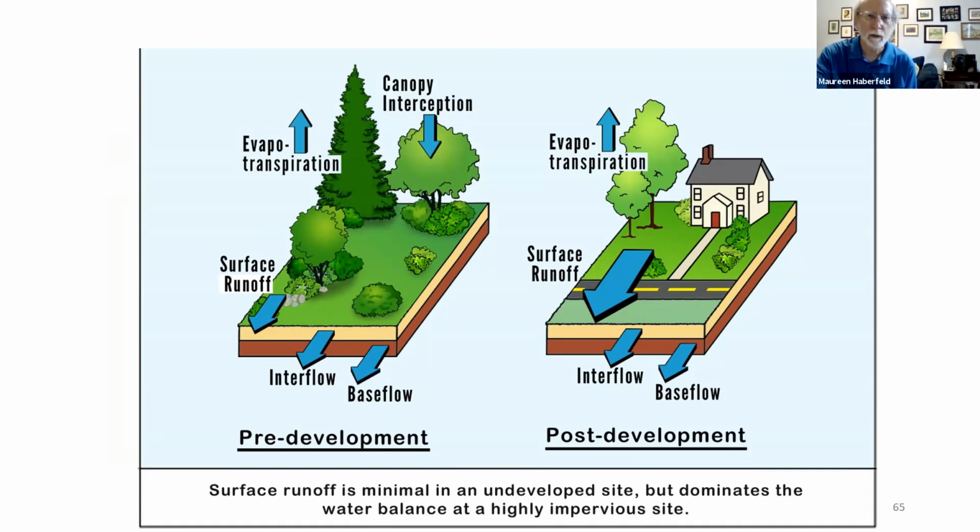The difference between what's called stormwater and just natural surface runoff can be shown on this diagram. On the left-hand side is what's called pre-development conditions. There's no buildings here, no pavement.